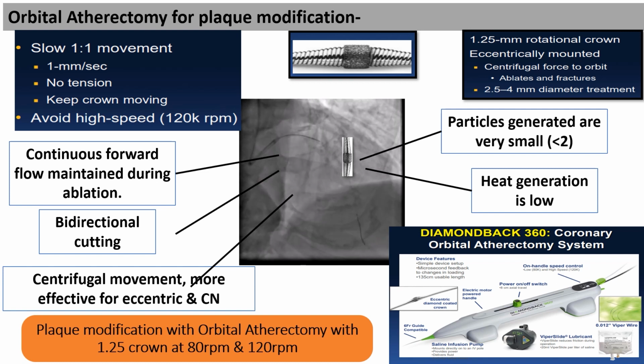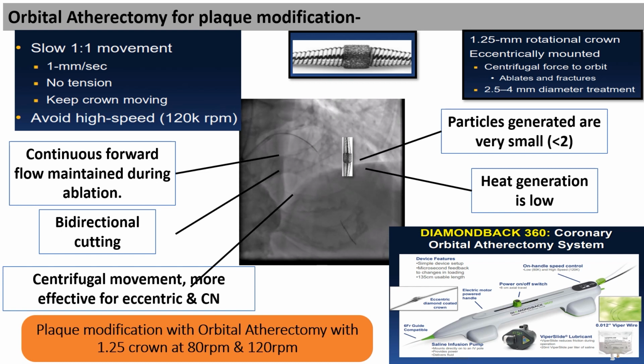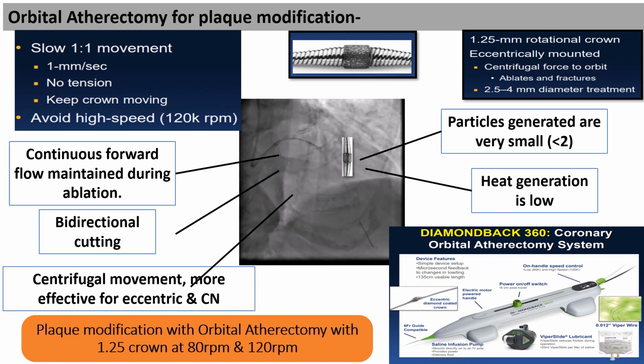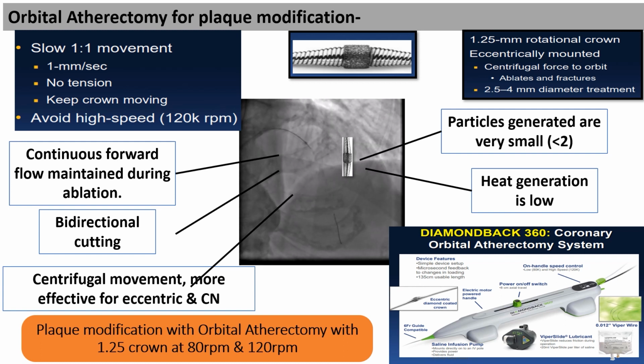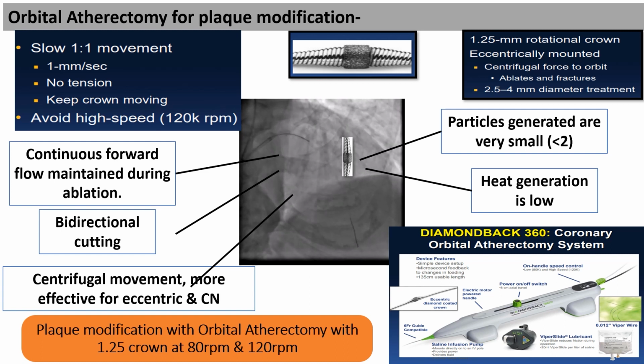But if you maintain the slow withdrawal, slow backward and forward movement, you can get the same area of ablation which is equivalent to 120,000. So that's the reason to move at 80,000 slowly, 1 mm by 1 mm. If you maintain that, the complication rate is low, and at the same time the ablation capacity of the burr will be more.